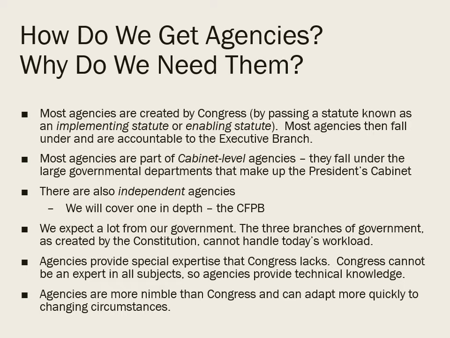So Congress relies on agencies to provide special expertise and technical knowledge. Additionally, we need agencies because they are more nimble than Congress. It's easier to implement regulations than to pass statutes. So our agencies can adapt more quickly to changing circumstances, or at least they are supposed to.